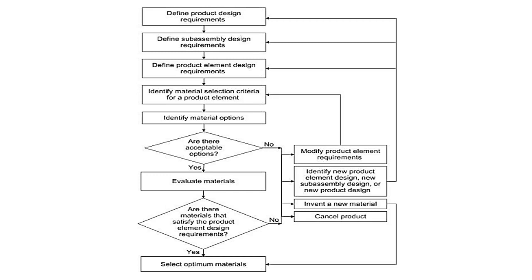Yes. Evaluate the material. Does the material satisfy the product element design? Select the optimum material. If no, modify the product element, identify new product element design, new assembly design or new product design, or invent a new material. Otherwise, we can cancel that.